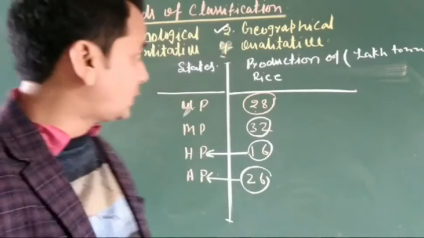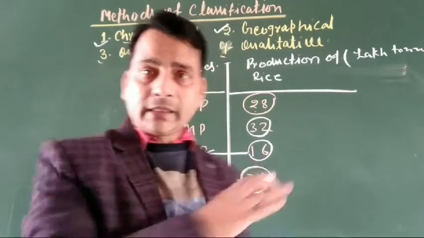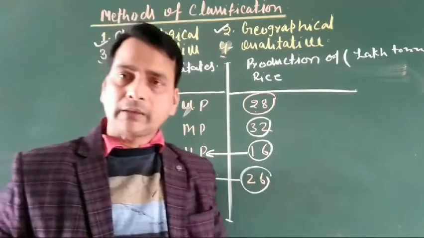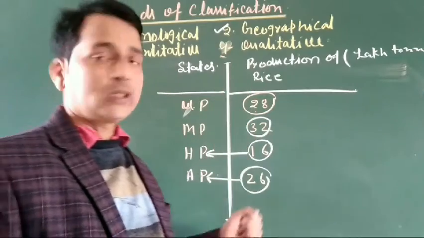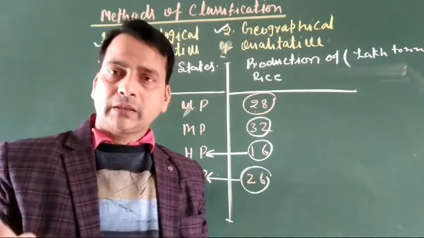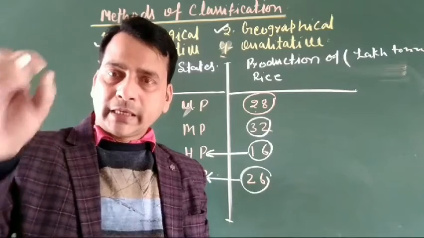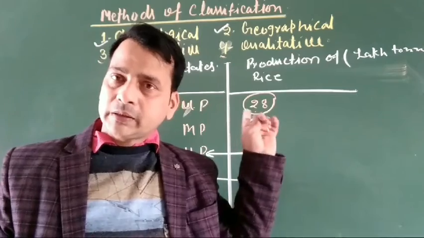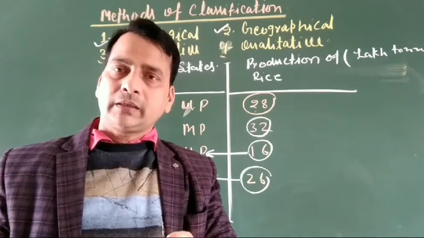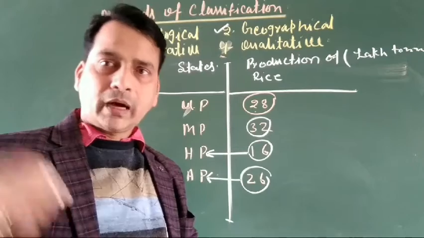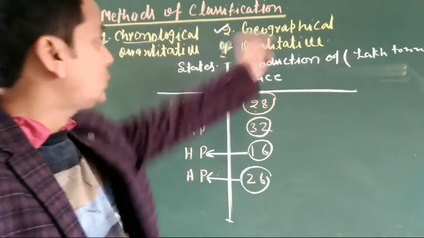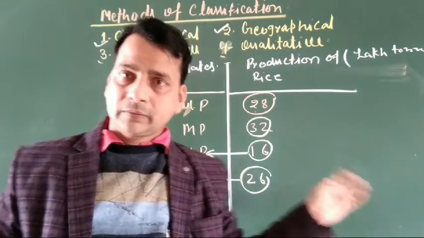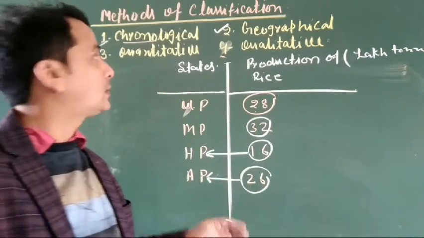This type of classification of data is called the geographical classification. Geographical means the statistical data is based on any geographical area, location, or place.